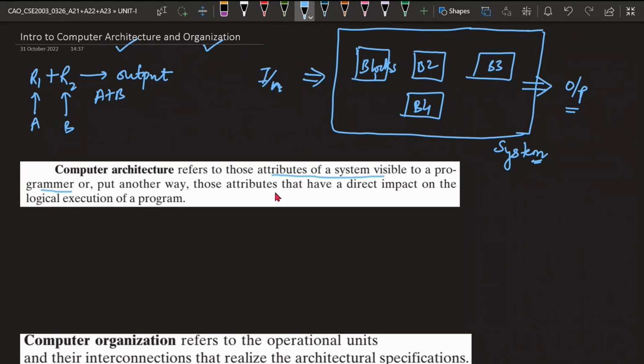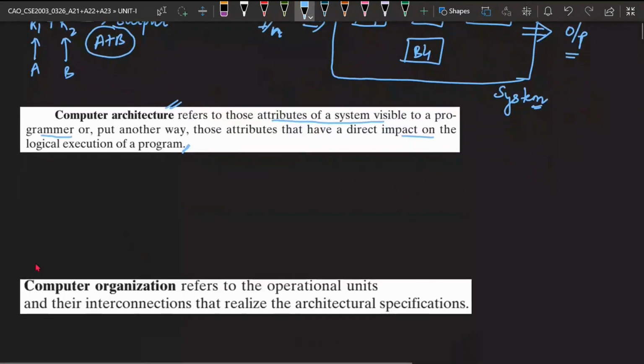These are the attributes that have a direct impact on the logical execution of the program. For a program such as A plus B, the execution needs particular blocks of the system. So these building blocks will be called the architecture.